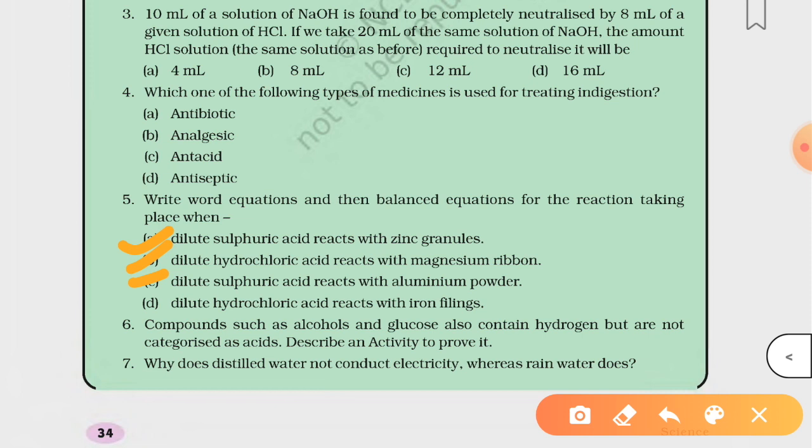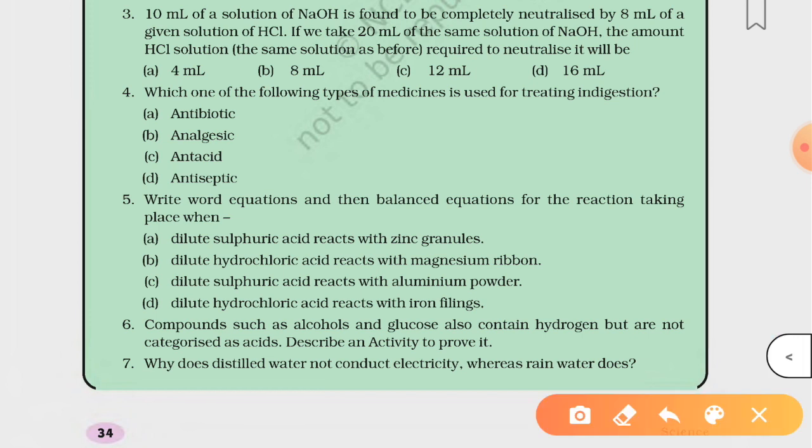In case you find any trouble while balancing the chemical reactions, you must ask. Now look at the fourth one. Dilute hydrochloric acid reacts with iron filings. So students, the reaction will be HCl plus Fe gives FeCl2 plus H2. In this manner, we will write all these chemical reactions. Now let's see the sixth one.